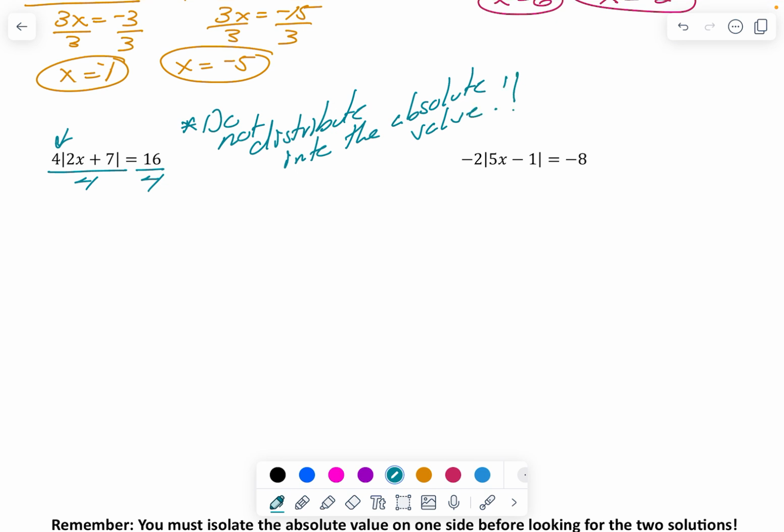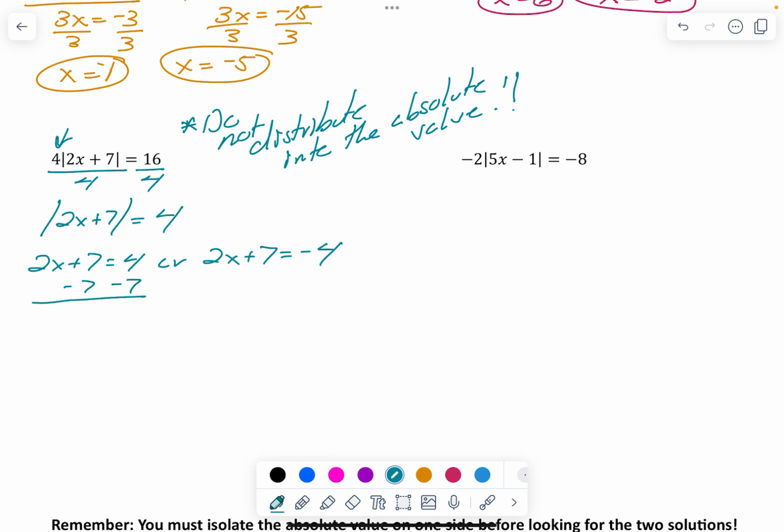All right, so dividing both sides by 4. Now our absolute value is by itself. Now we can write 2x plus 7 equals 4, or 2x plus 7 equals negative 4. Subtracting 7 from both sides, 2x equals negative 3. Dividing both sides by 2, x equals negative 3 halves, or negative 1.5.